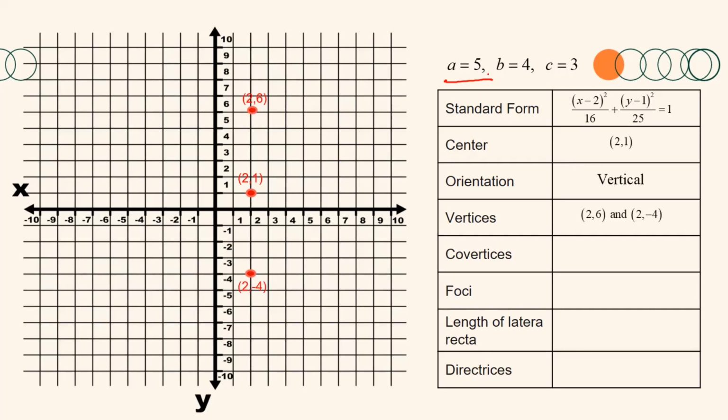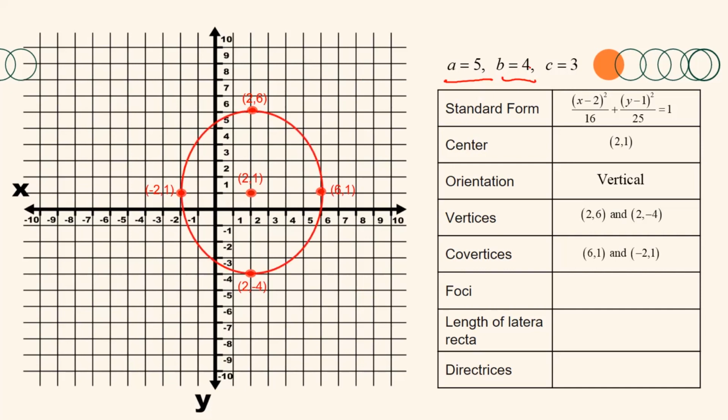On the other hand, the co-vertices of the ellipse are on the left and on the right of the center that are 4 units away from it, since b is equal to 4. Observe that these points are 6, 1 and negative 2, 1. With the vertices and co-vertices, we can now draw the ellipse this way.